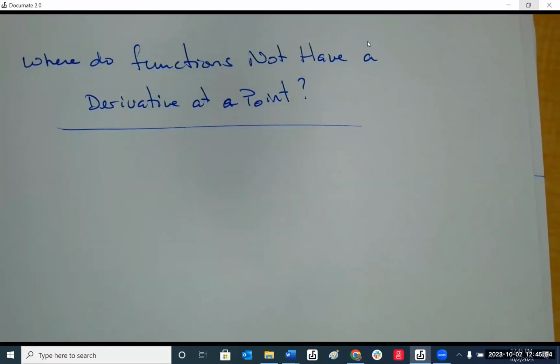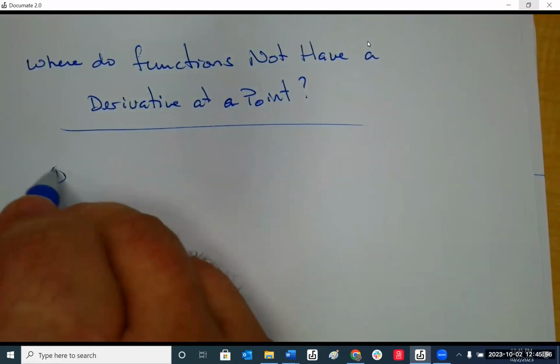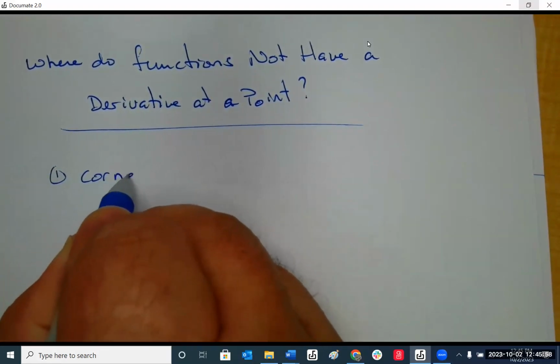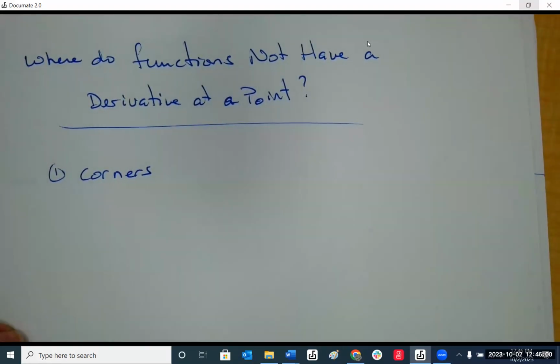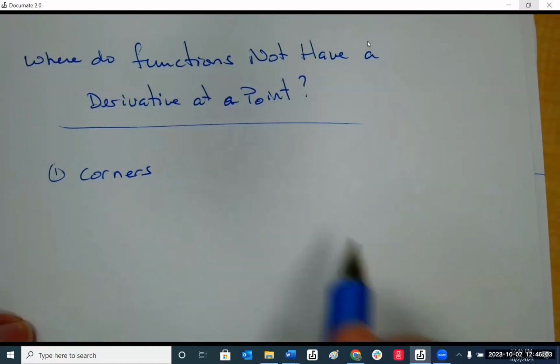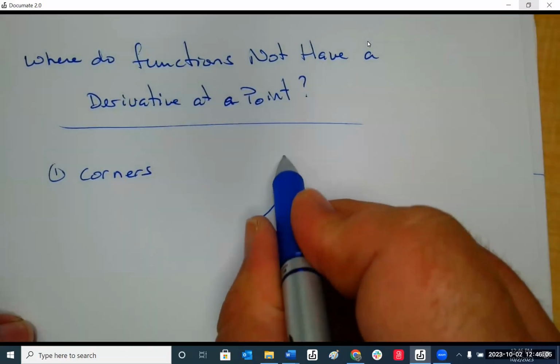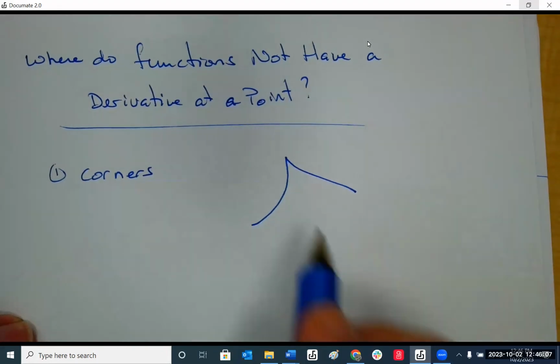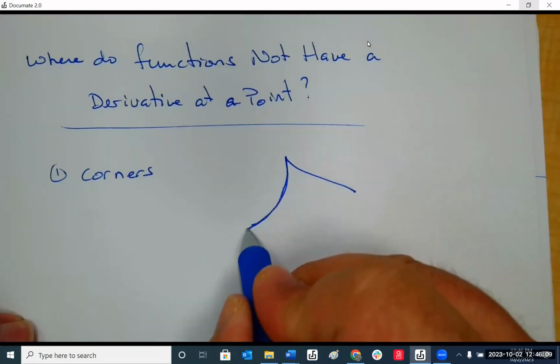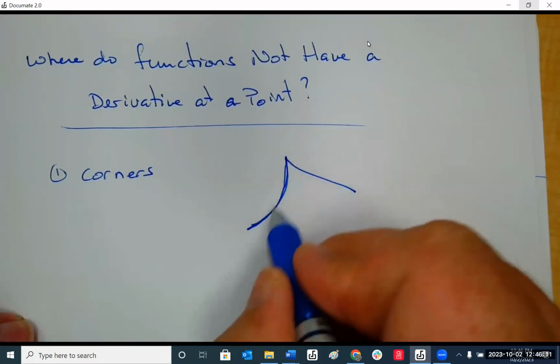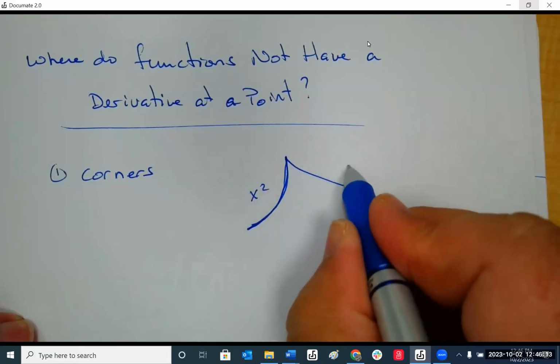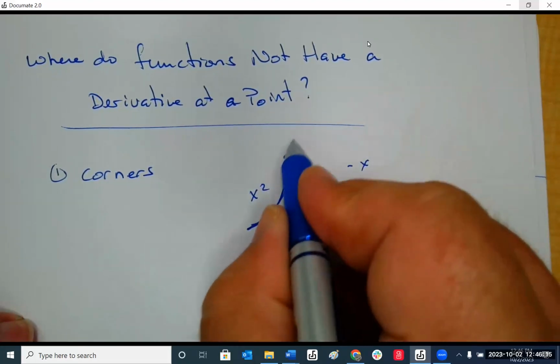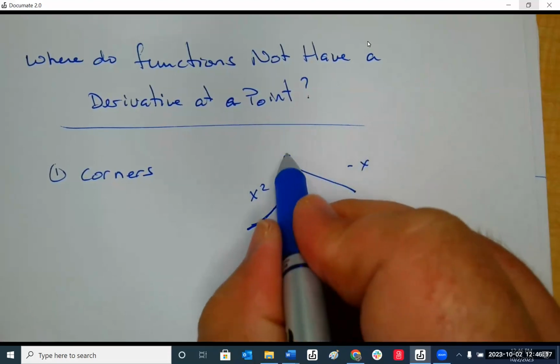There are 5 places. 1, corners. So if you have a piecewise defined function and you have an x squared here and this is like negative x, at that point, it's not differentiable.